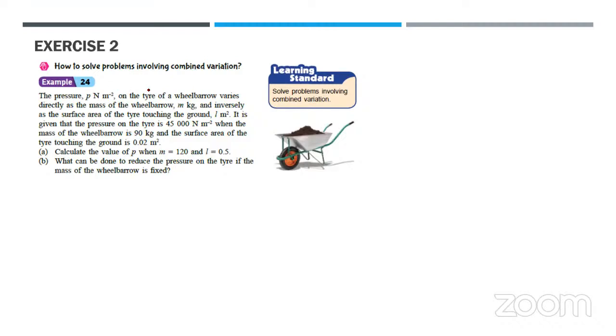So pressure P varies directly as the mass of the wheelbarrow m. So we know that P varies directly with m.